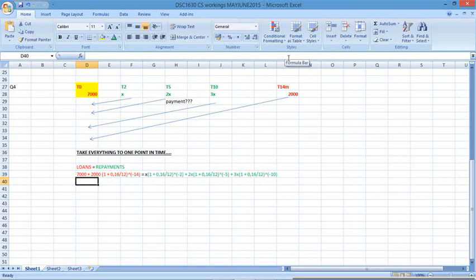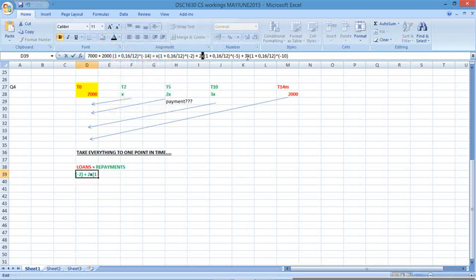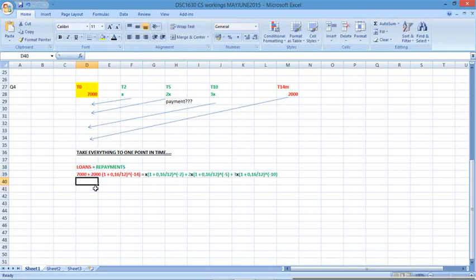I'm taking all those amounts back in time to time 0 because repayments must equal the loans. Once I've got that, I'm then going to take all those numbers in brackets and make a figure, a number. Type that into the calculator, and I'll have an equation with x. I'll have 3 x's actually. And then I'll solve for x.